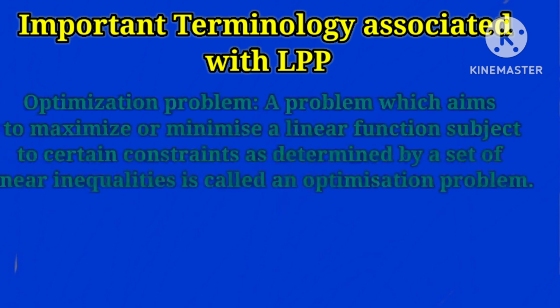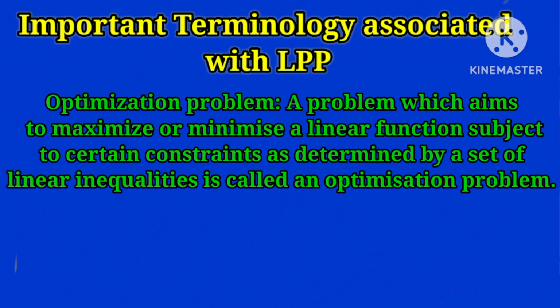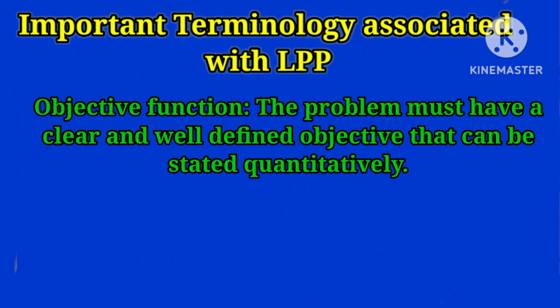Next concept is optimization problem. A problem which aims to maximize or minimize a linear function subject to certain constraints, as determined by a set of linear inequalities, is called an optimization problem. Then the next one is objective function.